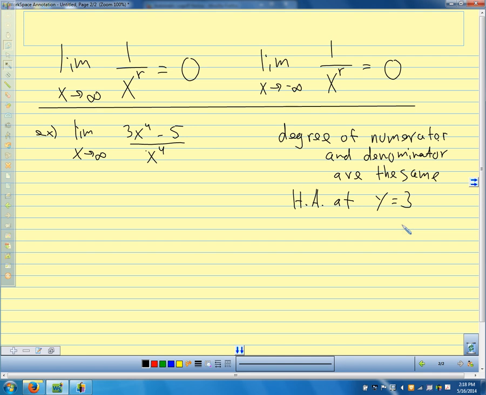So our limit equals 3, because as x gets really, really large, our function gets closer and closer to 3. Y gets closer and closer to 3.